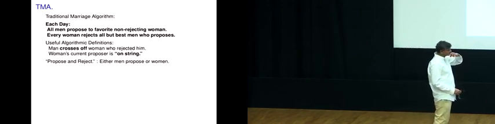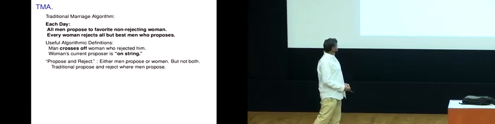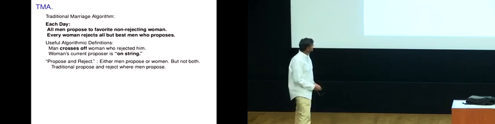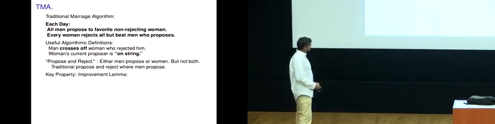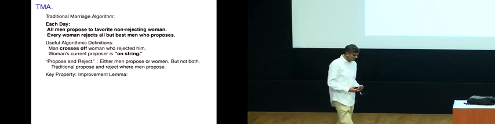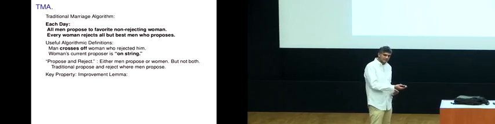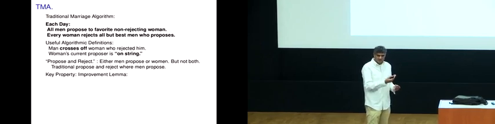That's what we mean when we say propose and reject. Okay? So traditional is a propose-and-reject where men propose. And the key property here is the improvement lemma. The person who's getting proposed to quite clearly can only get better because they still have the previous person on the string. That's the idea of the improvement lemma.